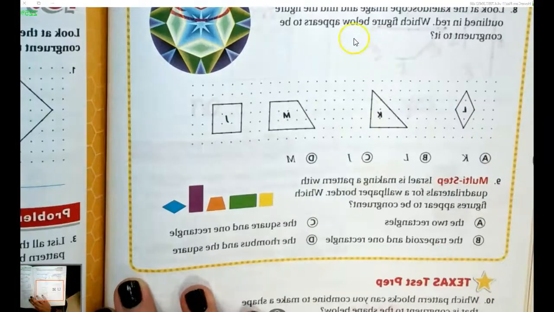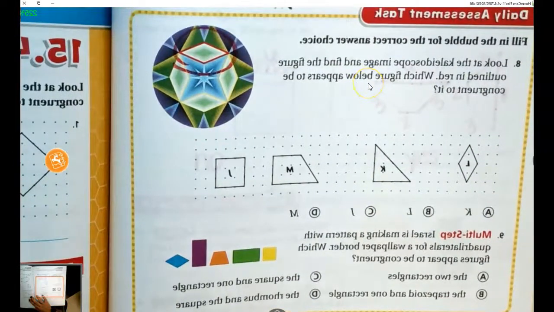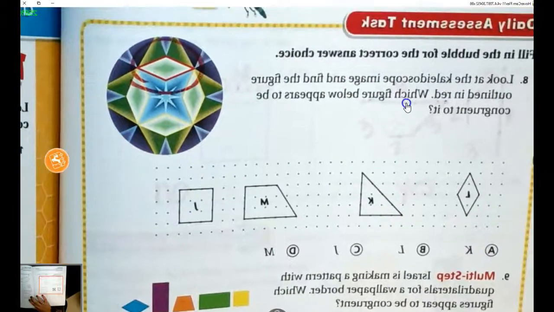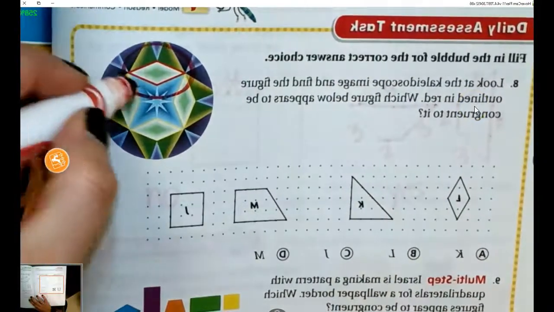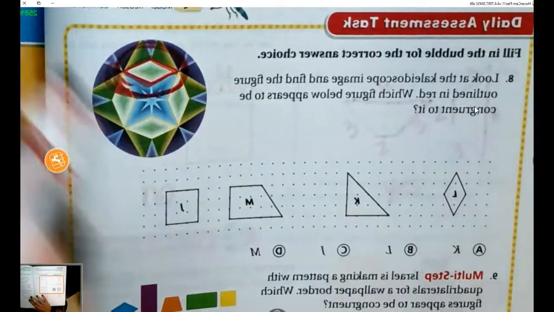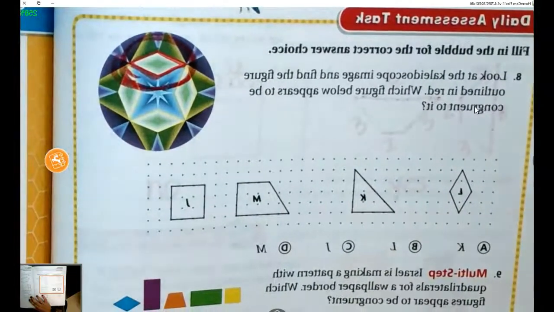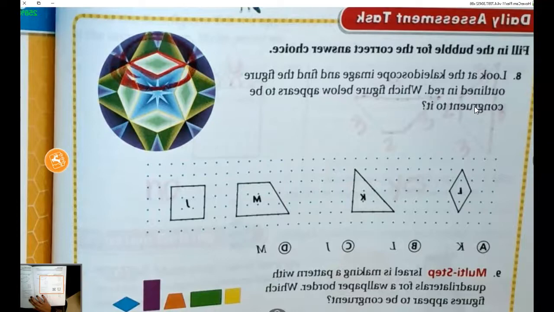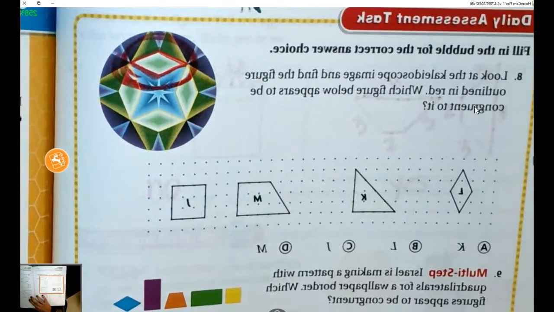What shape is that? Evangeline? What shape is this right here? The red outline. Allie, it's congruent to L, but what shape is that?